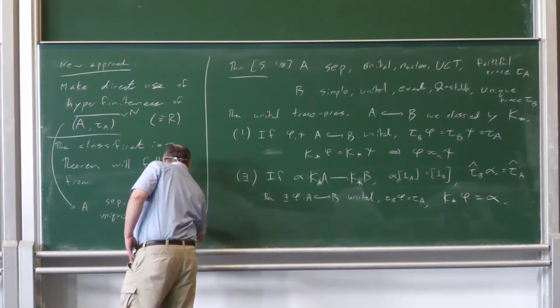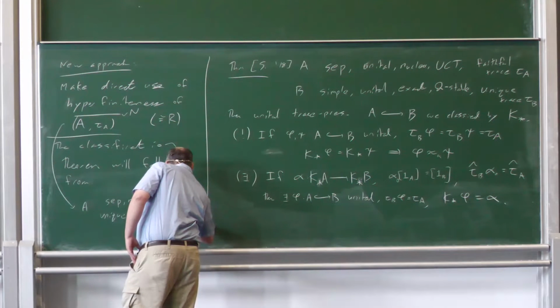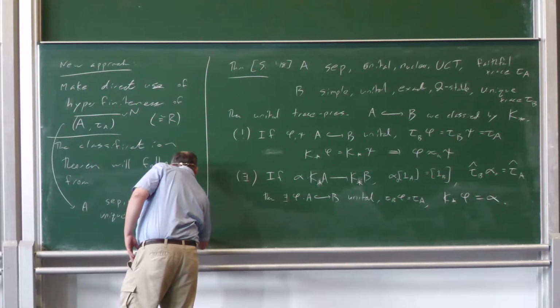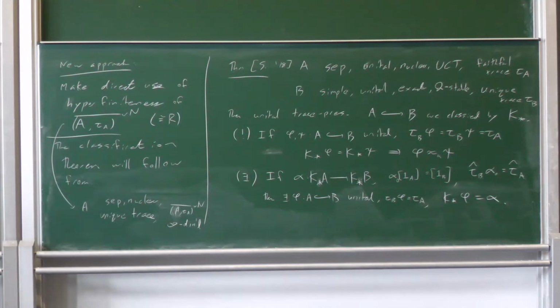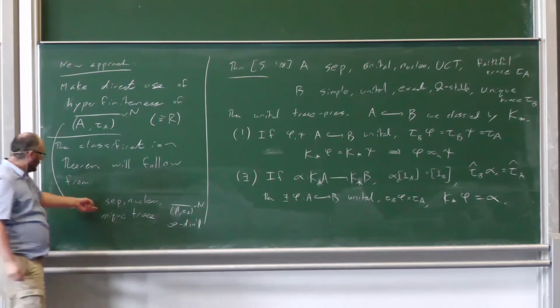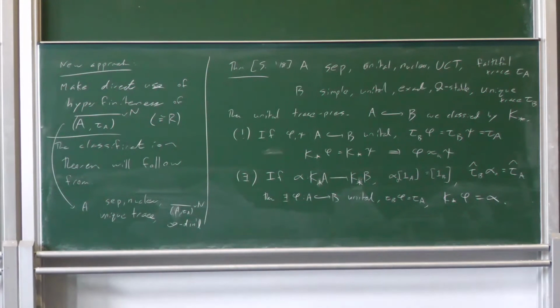And I guess what I really want is the von Neumann algebra completion infinite dimensional. I guess A being infinite dimensional itself isn't enough, unless you have simplicity or something.